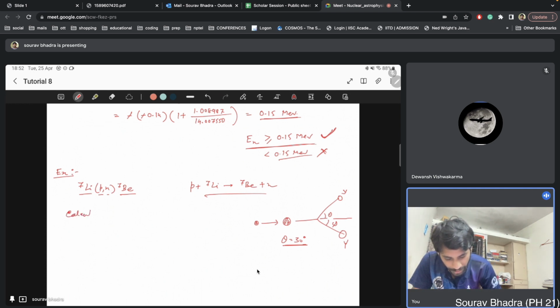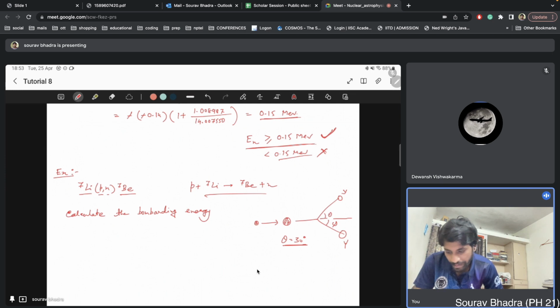The question asks to calculate the bombarding energy, that is, the energy of the projectile. This type of language is also used. So the bombarding energy for which neutrons of zero energy, so the ejectile has zero energy, would be obtained.